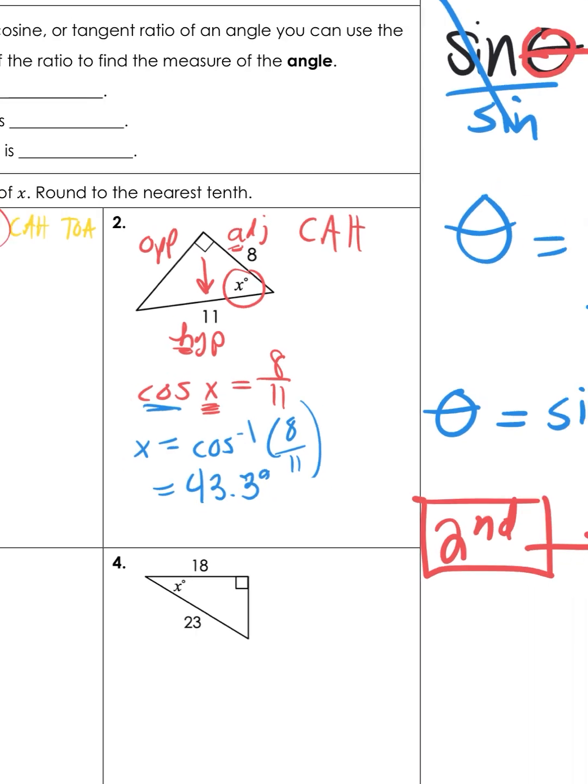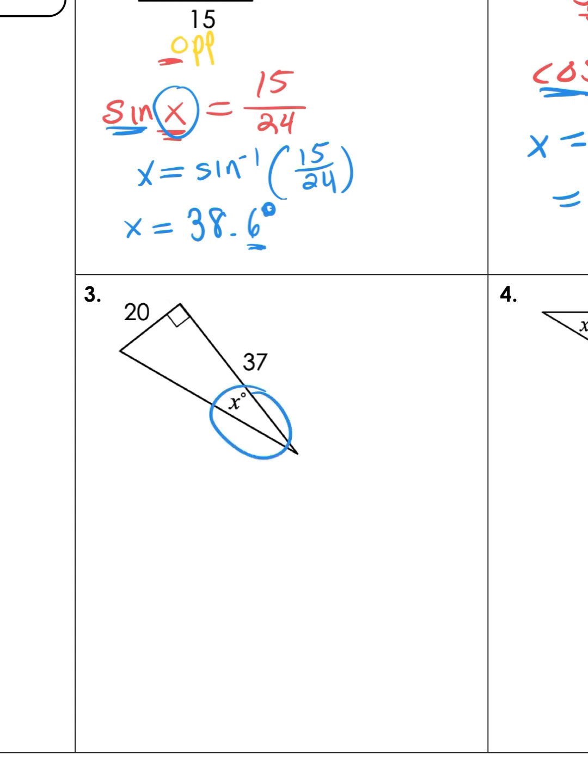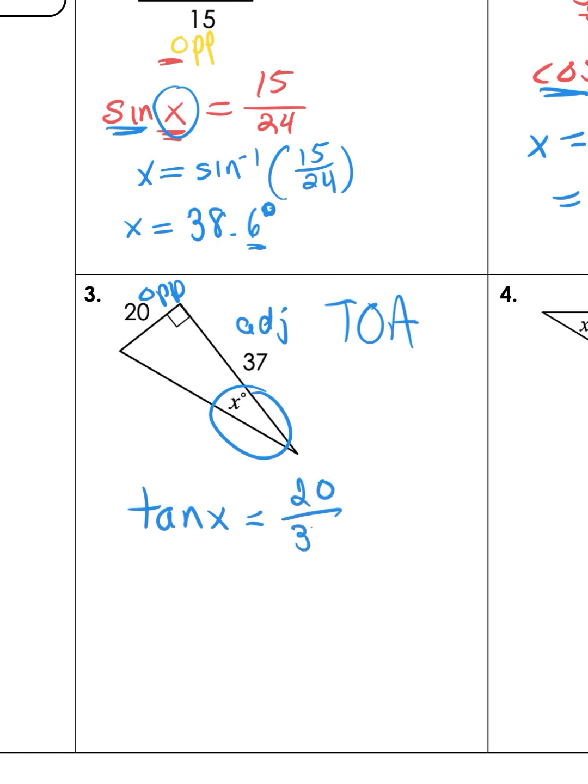All right, one more and then you're off and running. Okay, so in this example, with respect to x, we'll label the triangle opposite, adjacent, and hypotenuse. So what we're going to do here is just use TOA. We're going to use tangent. The tan of x is equal to the opposite side, 20, over the adjacent side, 37.